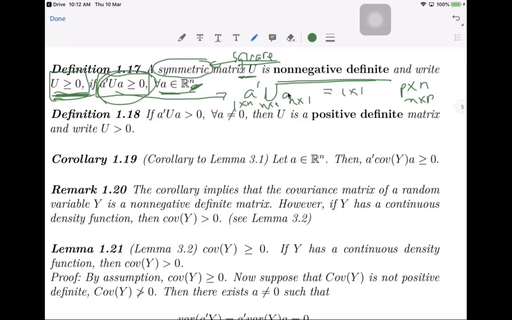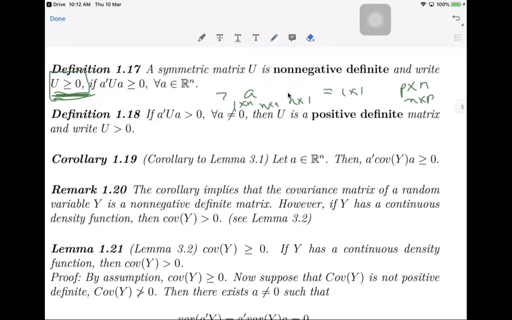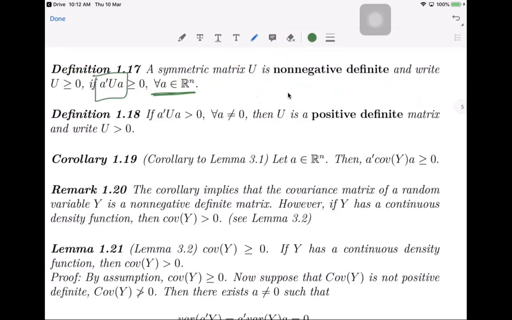So it is non-negative definite if you can find an n by 1 vector, not necessarily constant, such that if you pre-multiply U by that vector and post-multiply it by that vector, the resulting value is also non-negative.